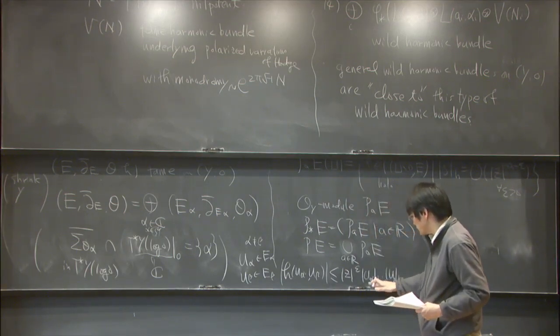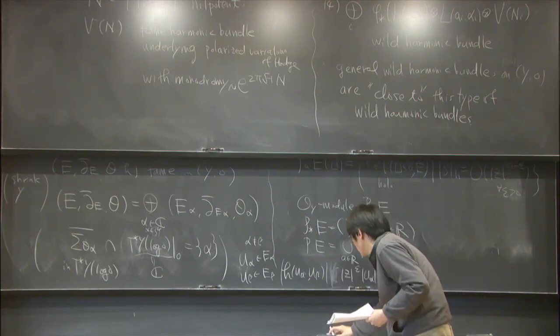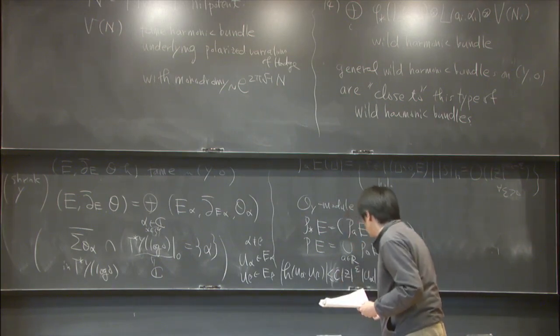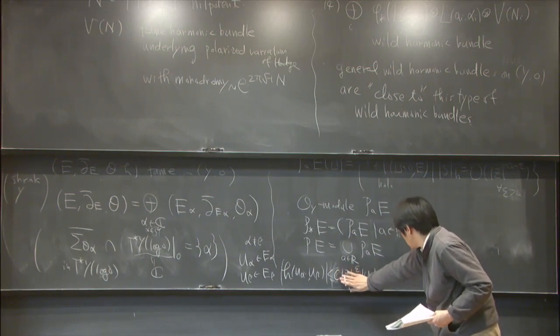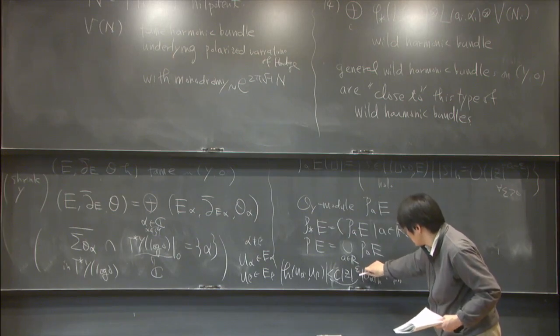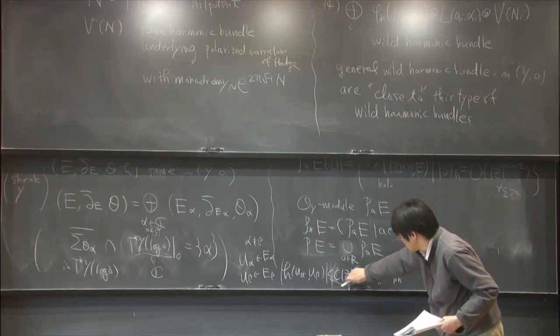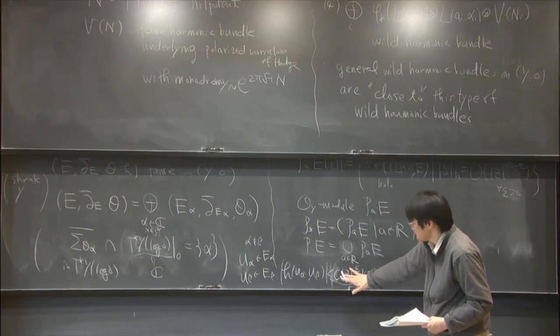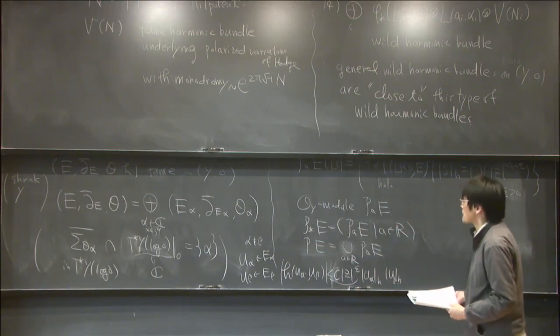We have this type of estimate. If we don't have this one, it is just the ordinary Schwarz lemma, but we have this one, and so if epsilon is small, this part is very small, and in this sense we have asymptotic orthogonality.